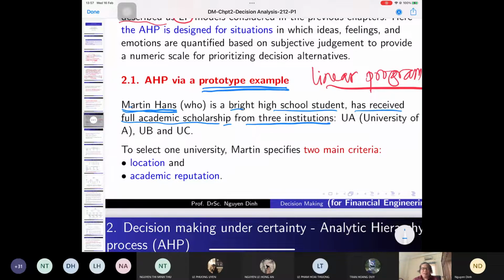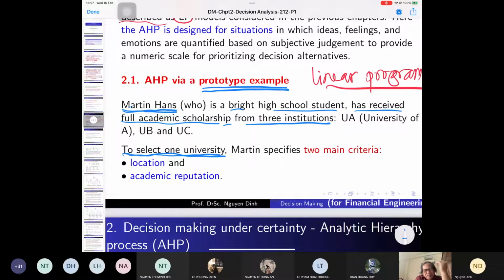He got full fellowship for studying undergraduate at all three. Of course, he cannot study at the same time at three universities. Even if he likes that, it is impossible. So he needs to choose one university.